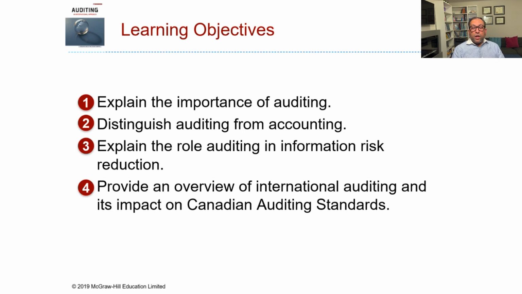The third objective of this chapter is to explain the role of auditing in information risk reduction. The basic objective of auditing is that the information provided by the accountants of the firm in the shape of financial statements has a third party, the party outside the one who is providing the information and the one who is getting the information.